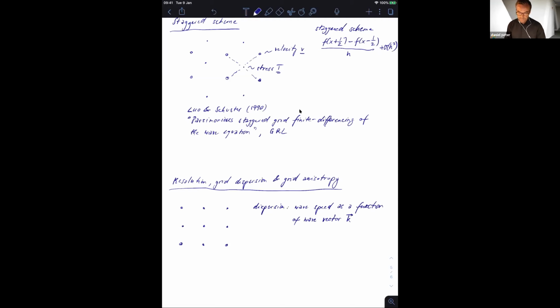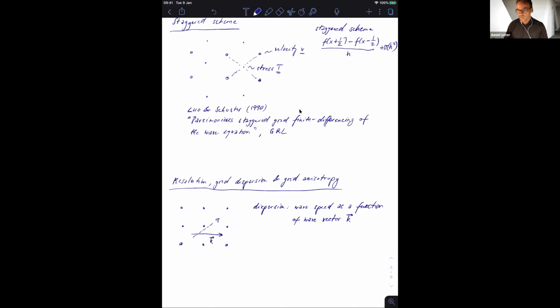Okay, so the speed of the wave can be different if it travels in one direction compared to traveling in another direction. This effect is called grid dispersion or grid anisotropy.